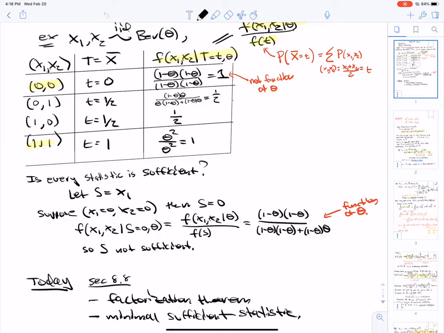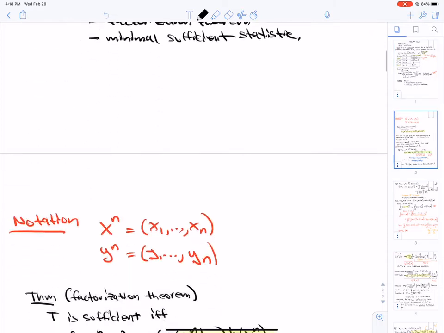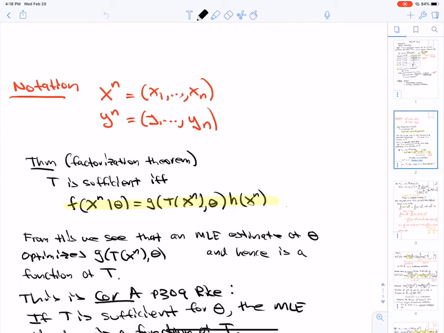Today we're going to see the factorization theorem for sufficiency and also learn about minimal sufficient statistics. Let's introduce some notation where x to the n means x1 to xn and y to the n means y1 to yn.